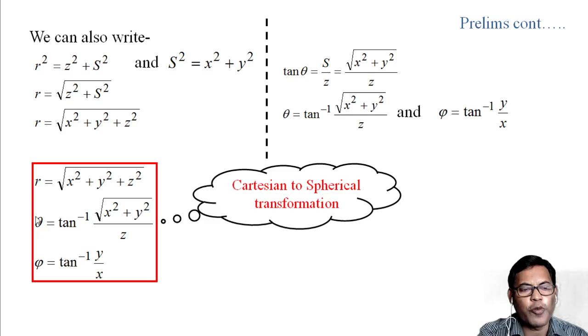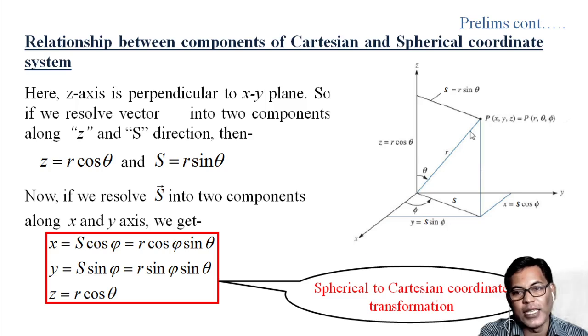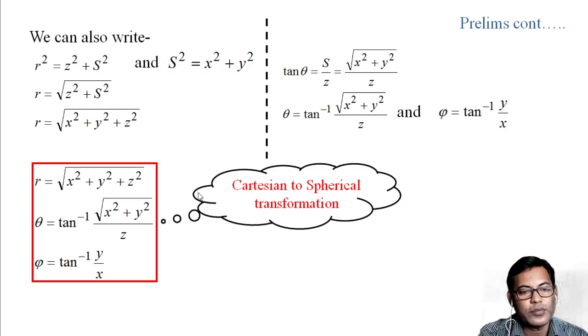Now, if we want to find theta, theta will be equal to tan inverse of s by z. From the diagram again we can see that theta will be equal to tan inverse of s by z, where s equals the square root of x square plus y square. Here you can see that tan theta equals s by z, that is, the square root of x square plus y square, divided by z.